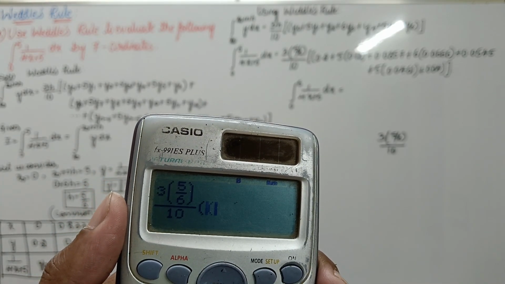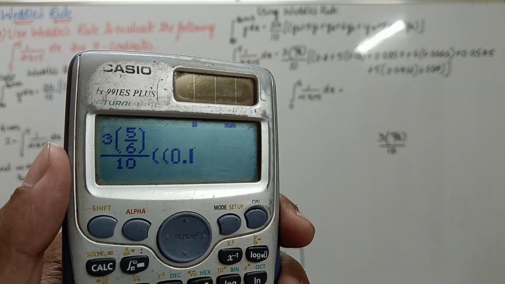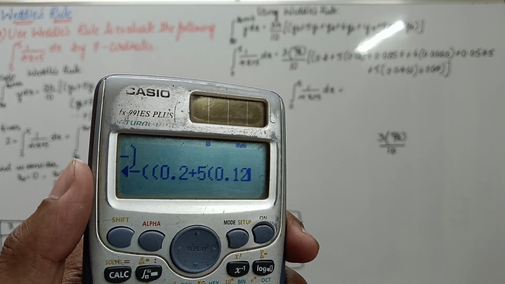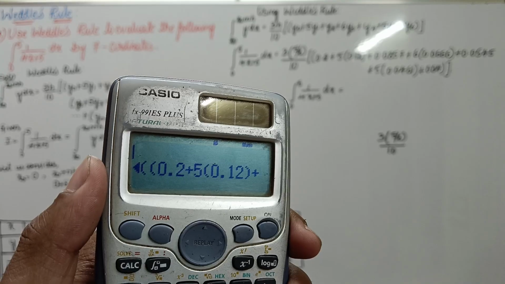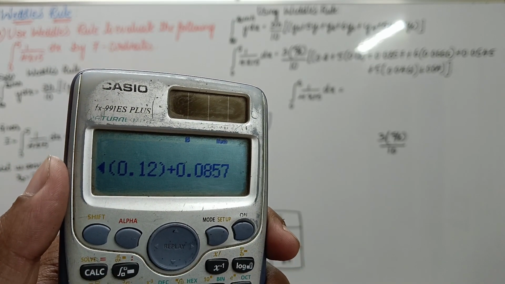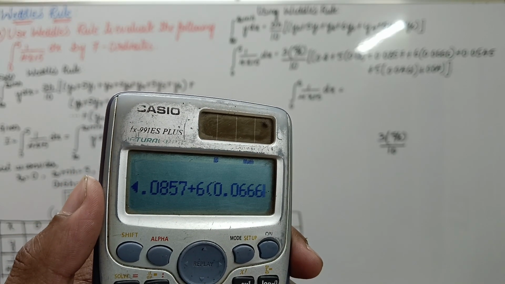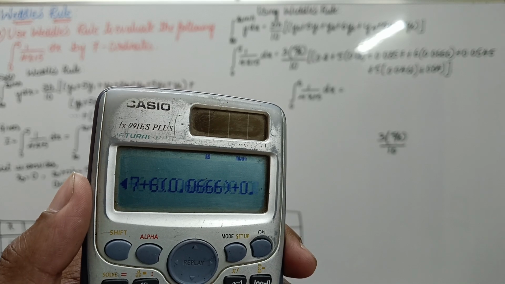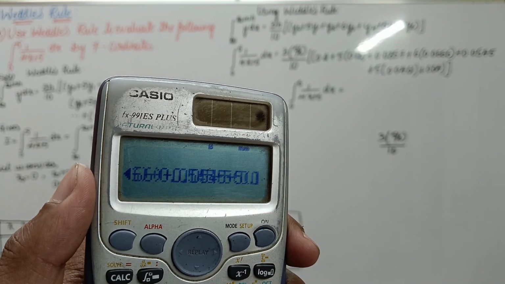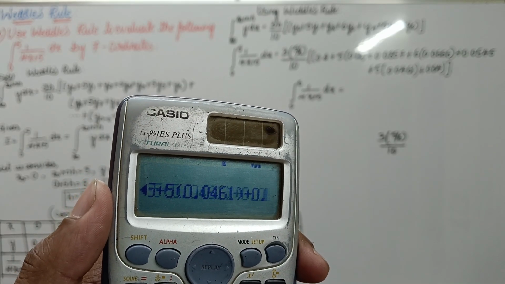Next, open the double bracket: 0.2 plus 5 into 0.12 plus 0.0857 plus 6 into 0.0666, close the bracket, plus 0.0545 plus 5 into 0.0461, close the bracket, plus 0.04.